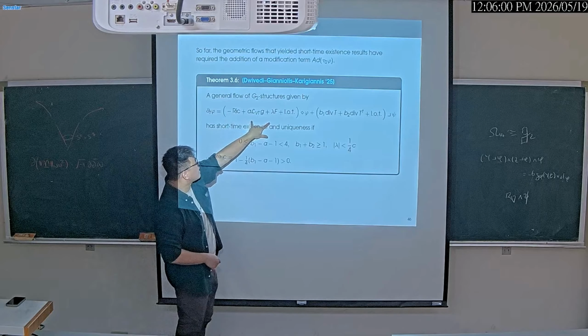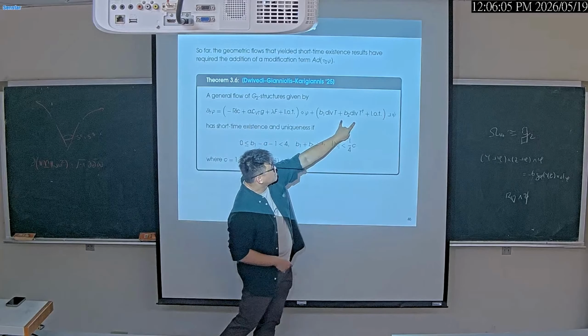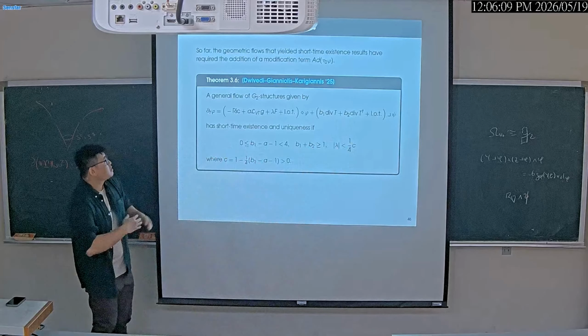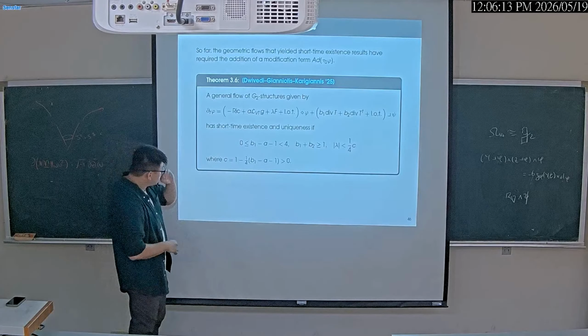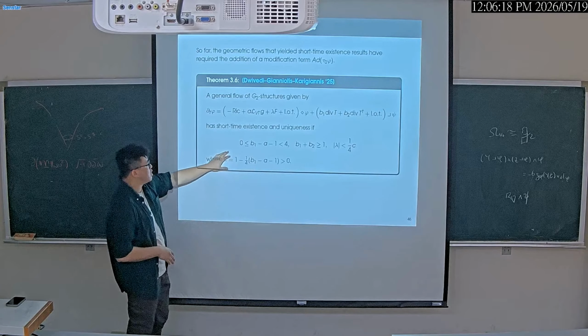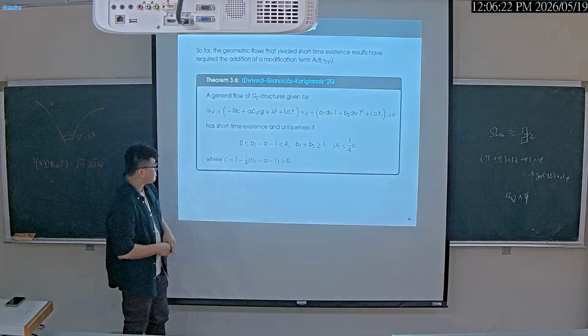Everything in this bracket is determining how the metric moves, and everything in this bracket doesn't determine the metric, but it's some sort of vector component of the flow. But if you prescribe a flow that looks like this with lower order corrections, then you only have short-time existence and uniqueness under certain conditions on the values of A, lambda, B1, and B2.